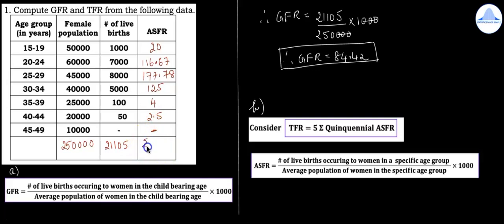Next, find out the total of all these ASFR values, that is summation ASFR, which is equal to 445.95.